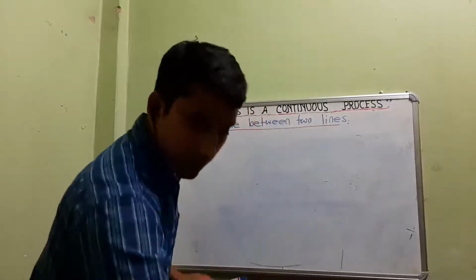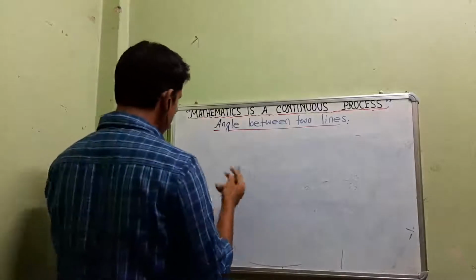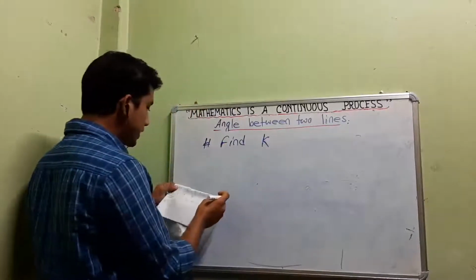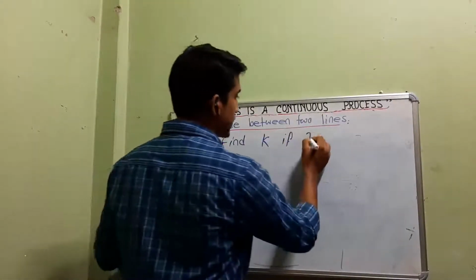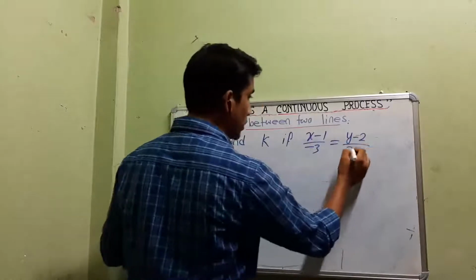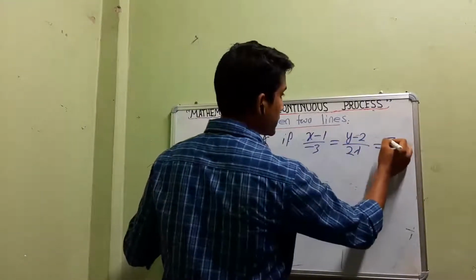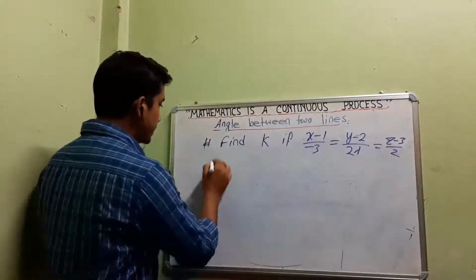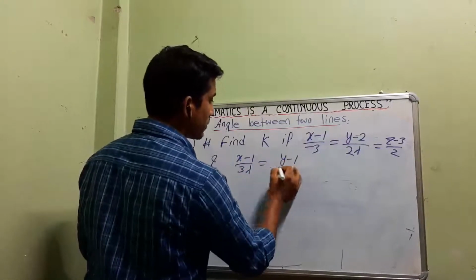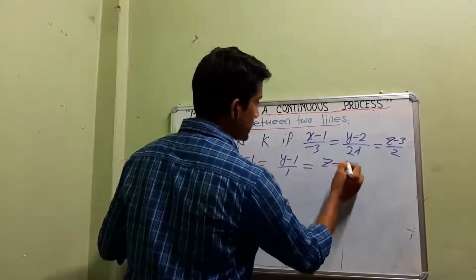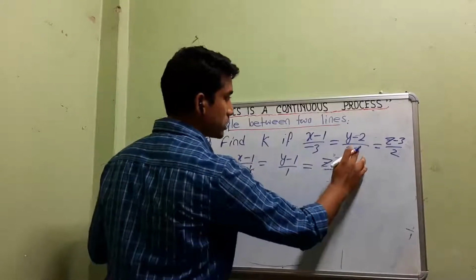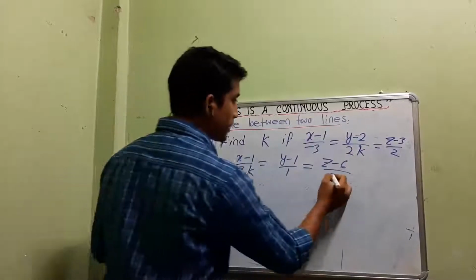The question is: find the value of k, some constant k, if the line is given as (x minus 1) by minus 3 equals (y minus 2) by 2 lambda equals (z minus 3) by 2, and another line is given as (x minus 1) by 3 lambda equals (y minus 1) by 1 equals (z minus 6) by minus 5.